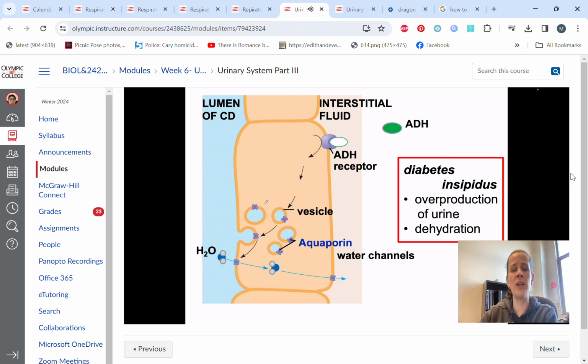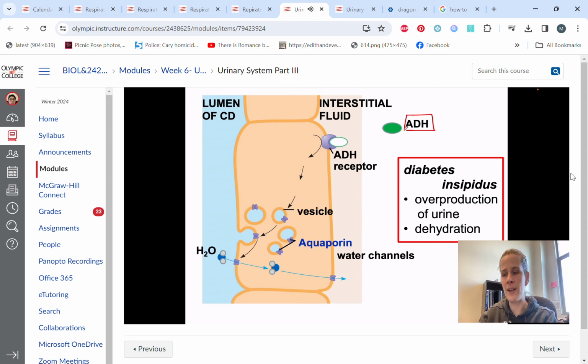On the other hand, if we shove a bunch of these aquaporins into the apical surface, we'll reabsorb that water and our urine will be concentrated. Okay, so this is regulated by ADH. ADH is secreted by your posterior pituitary gland.